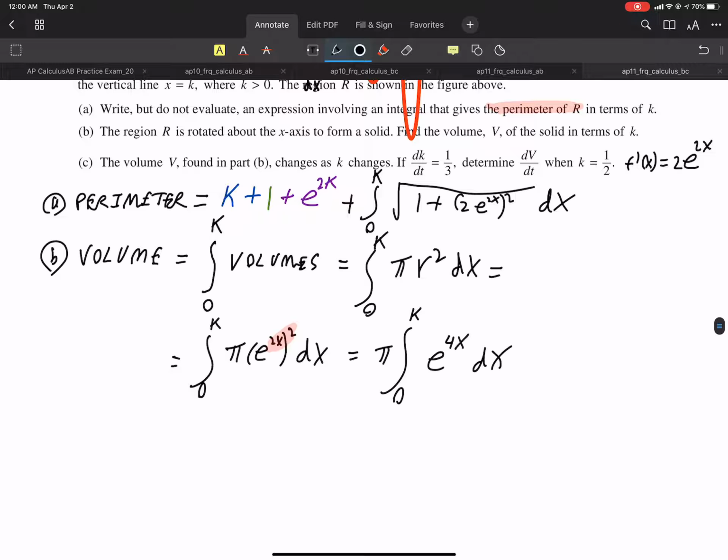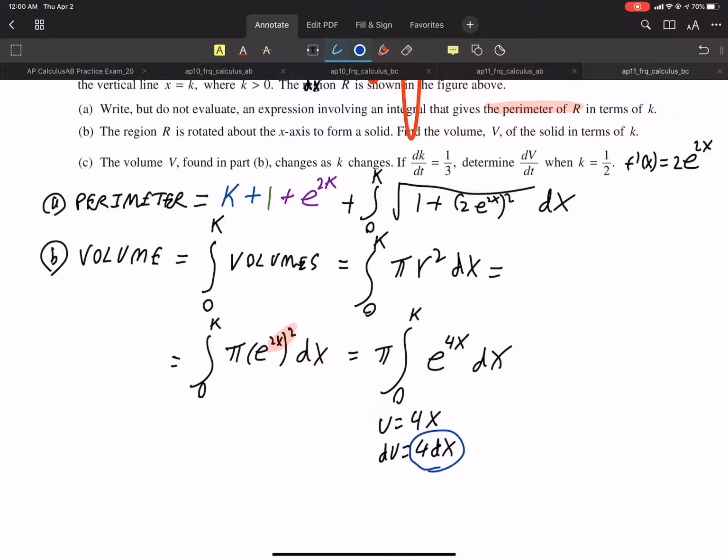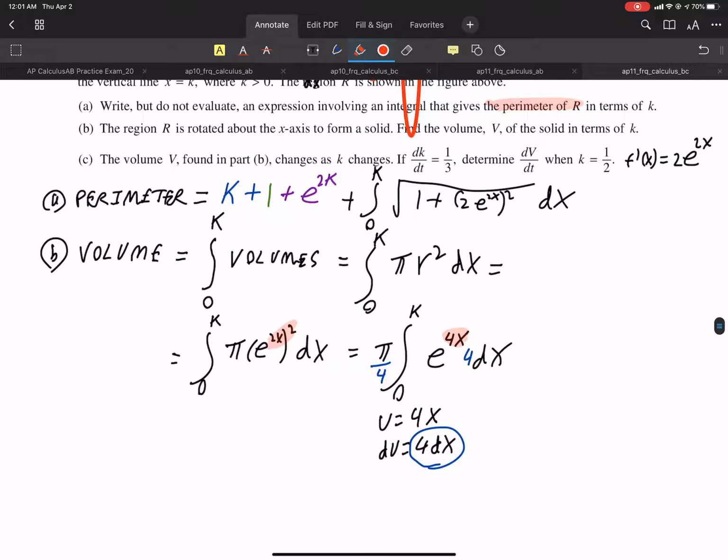So that's just 4x. This is a simple u sub. u is 4x, du is 4dx. And now we ask the question, do we have 4dx? Now you do. So that becomes u, that becomes du.